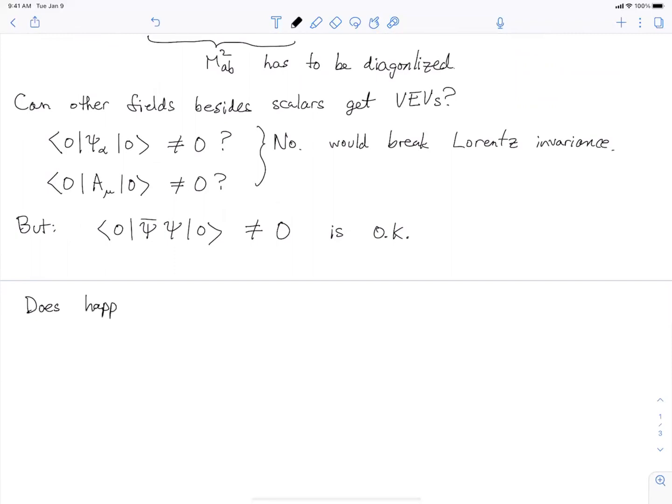In fact, for the up and down and strange quarks in QCD, if you compute the vacuum expectation value of up bar up, that's approximately equal to the same thing for the down quarks, and not quite as good an approximation, but also it's approximately true for the stranges.